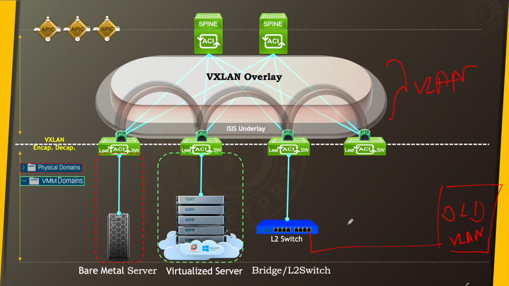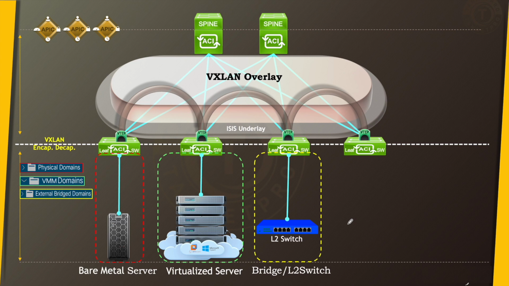In that case L2 communication is required, right? So if we connect any L2 bridge or L2 switch in our ACI infrastructure, we will configure an external bridge domain, right? Whenever we connect any bridge or L2 switch type of device, we will configure one bridge domain where we connect the L2 switch.